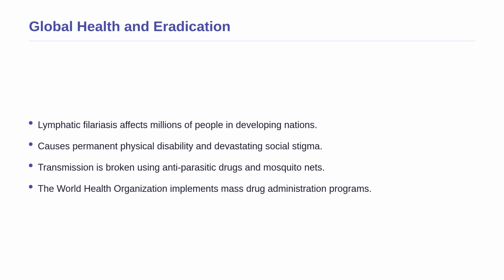However, because we understand its biology and nocturnal behavior, we can fight back. Health organizations like the World Health Organization implement mass drug administration programs and distribute insecticide-treated mosquito nets. These simple but effective interventions break the chain of transmission, moving us closer to eradicating this debilitating disease from the globe.